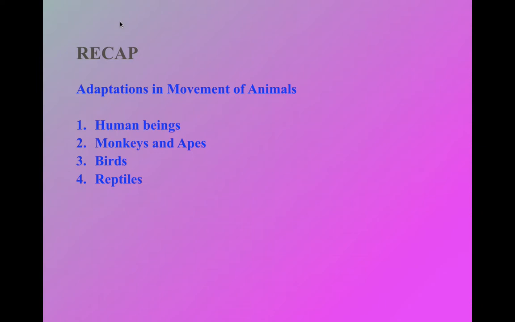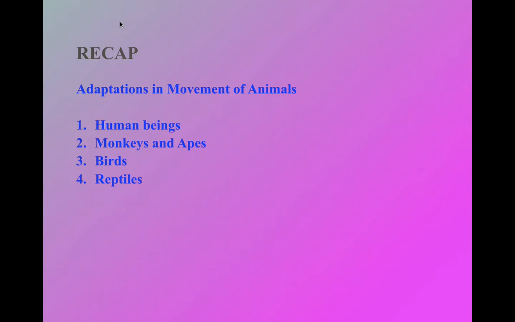In human beings, they have forelimbs and hind limbs. Forelimbs are modified into hands and hind limbs are modified into legs. Monkeys and apes are also having forelimbs and hind limbs, just like human beings, hands and legs. Only with hind limbs they can walk.